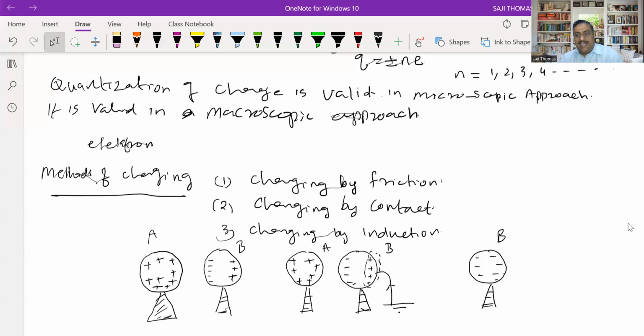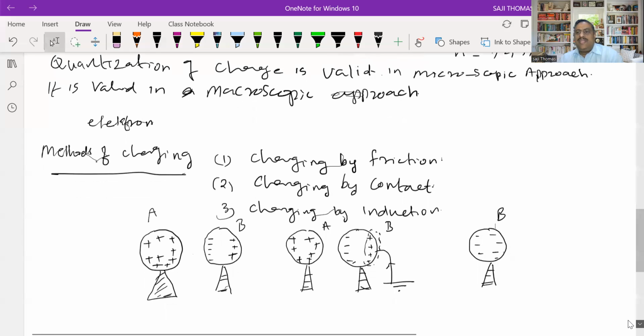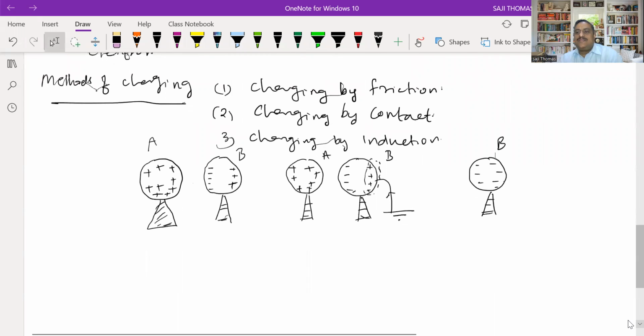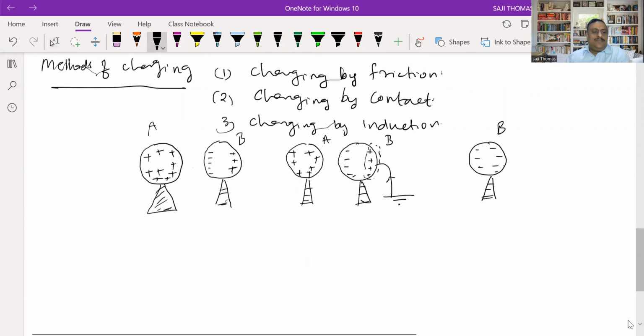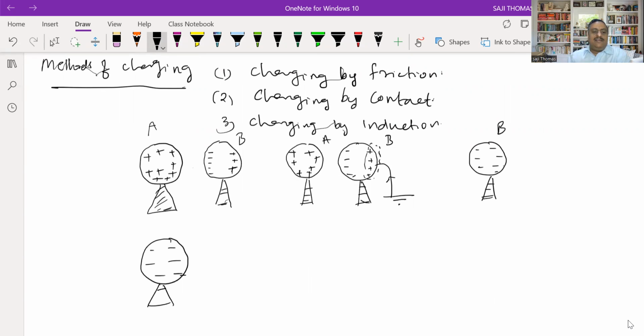How? In that case, the charged object placed near object B should be negatively charged. Suppose in this case A is given a negative charge. This is B. So by induction, here positive charges.